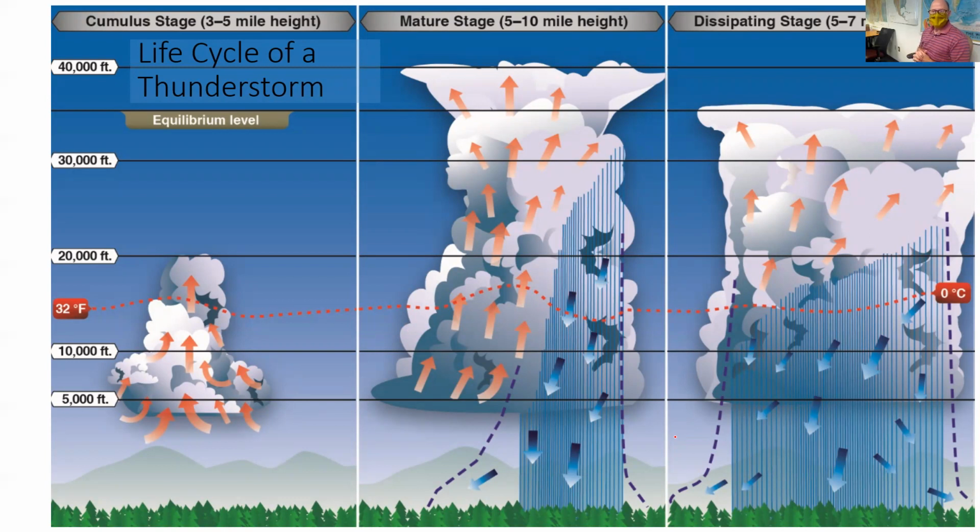The air then builds, so it has some sort of equilibrium level, with a dotted line at freezing. The air convects upwards, so warm, moist air convects upwards until it condenses near the freezing line, where it can produce hail and things.